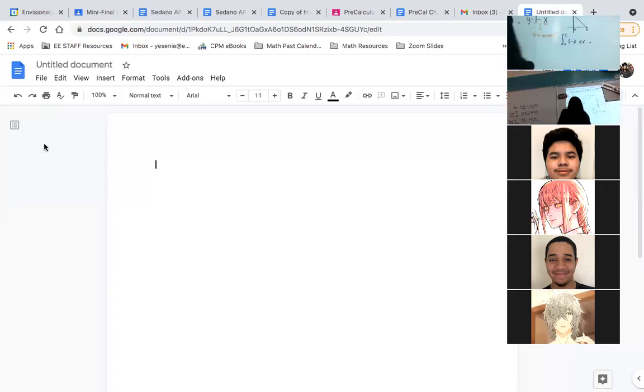Let me write down the rule. I wrote the rule down right there. So let's see if anyone has any ideas. I'll give you all some time to think. What is the antiderivative of that orange function that I've written? 1 minus x.